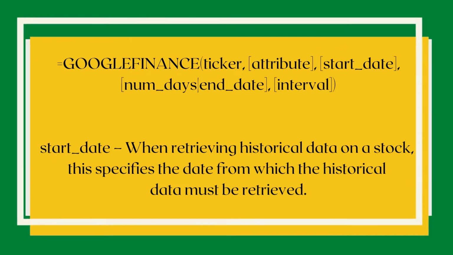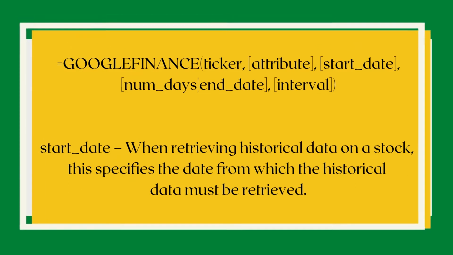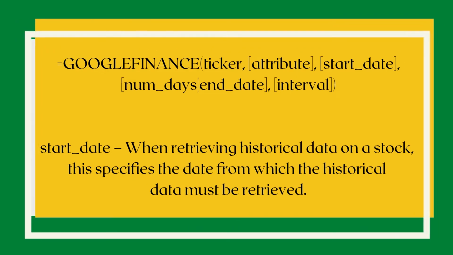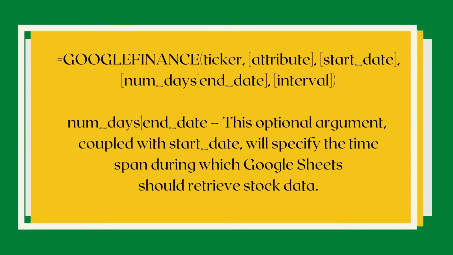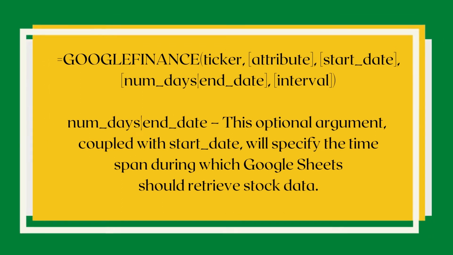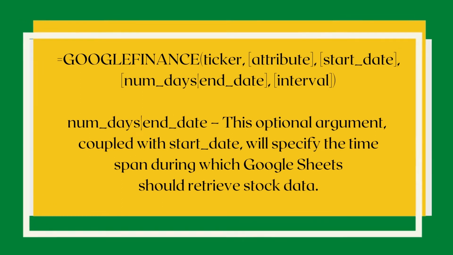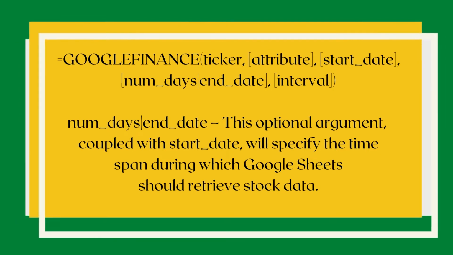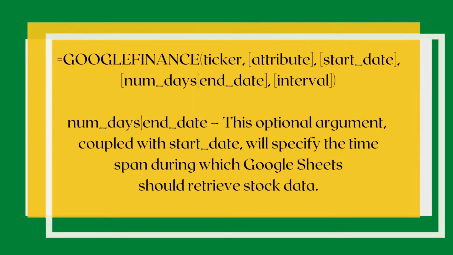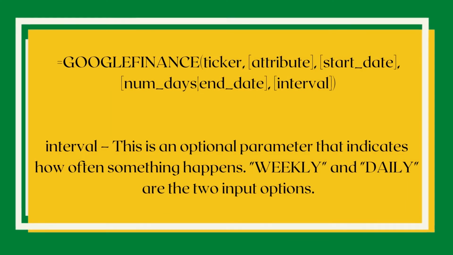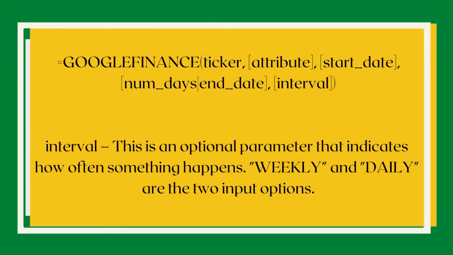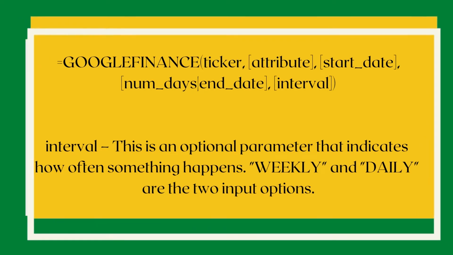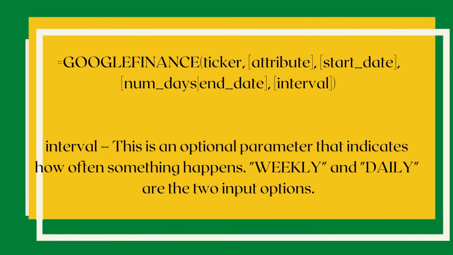You will only get the data for that day if you give the start date but not the num_days or end_date option. Num_days or end_date is an optional argument which, coupled with the start date, will specify the time span during which Google Sheets should retrieve stock data. Interval is also an optional parameter that indicates how often something happens. Weekly and daily are the two input options.